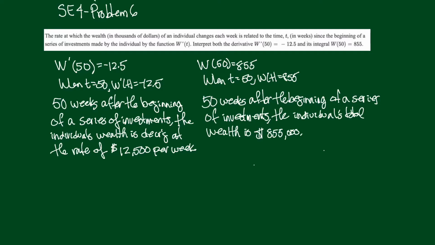So we'll say 50 weeks after the beginning of a series of investments, the individual's total wealth is 855,000. Or we might say this, 50 weeks after the beginning of investment, the individual's accumulated wealth. Sometimes it's convenient to read an integral as an accumulator because it just adds things up for us.